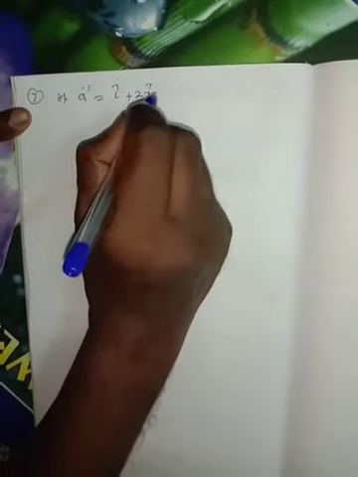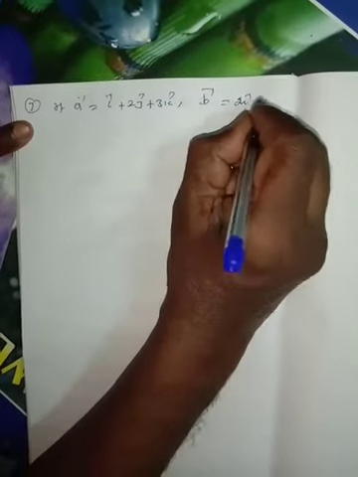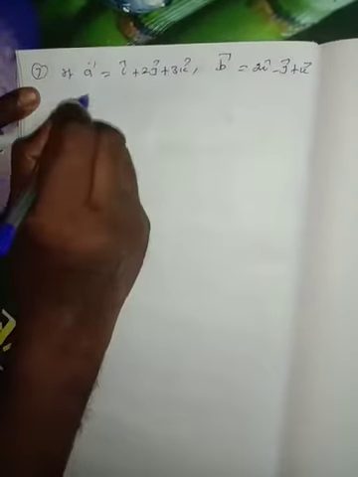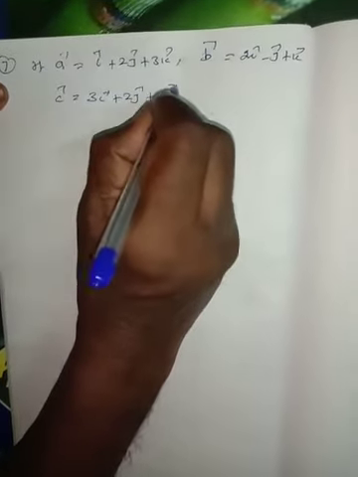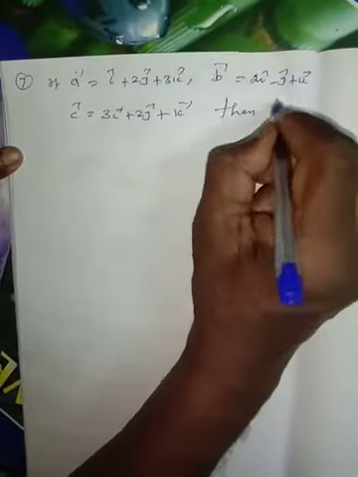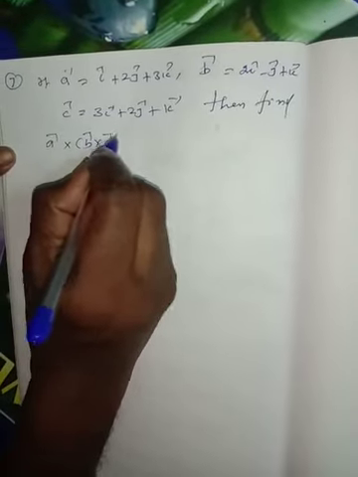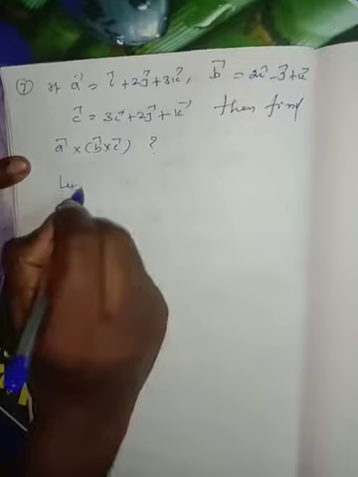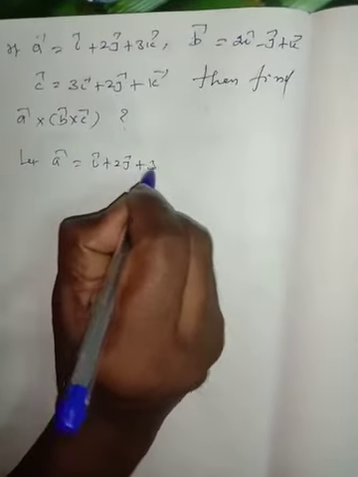Question number 7. If A vector is equal to I vector plus 2J vector plus 3K vector, B vector is equal to 2I vector minus J vector plus K vector, C vector is equal to 3I vector plus 2J vector plus K vector, then find A cross B cross C. First let A vector is equal to first vector I vector plus 2J vector plus 3K vector.